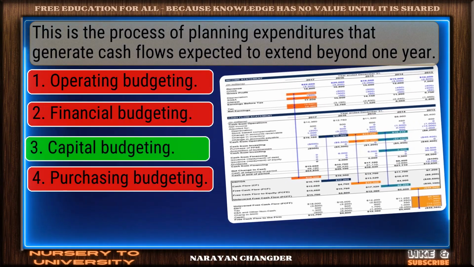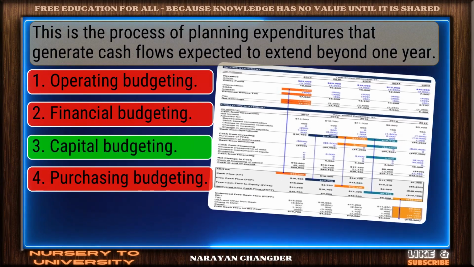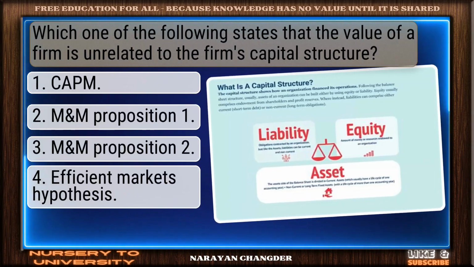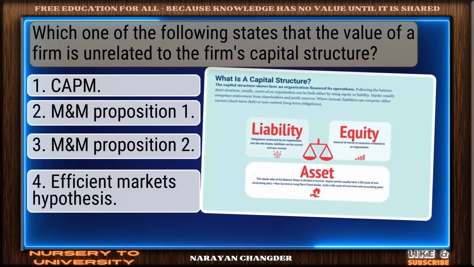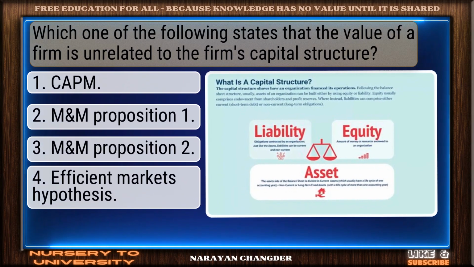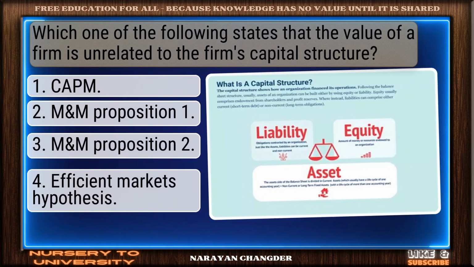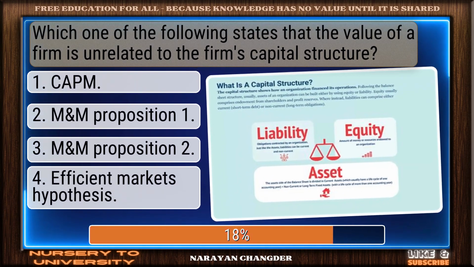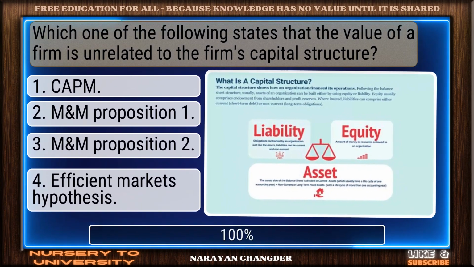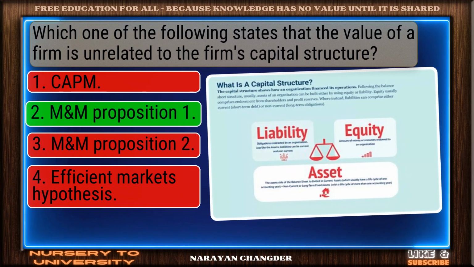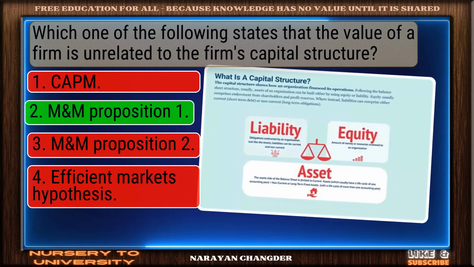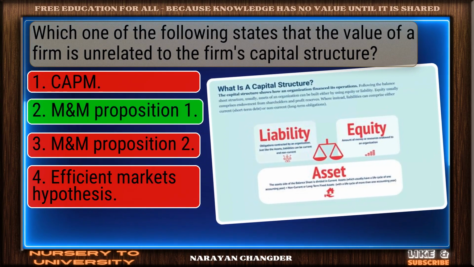Nice work. You chose capital budgeting, and it is correct. Which one of the following states that the value of a firm is unrelated to the firm's capital structure? Excellent choice. M&M Proposition 1 is the right answer.